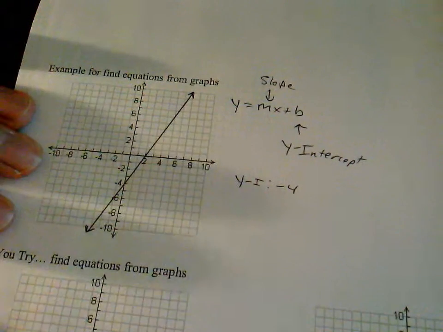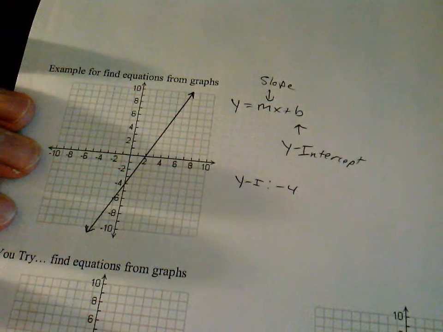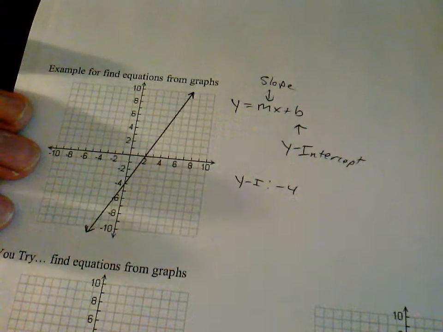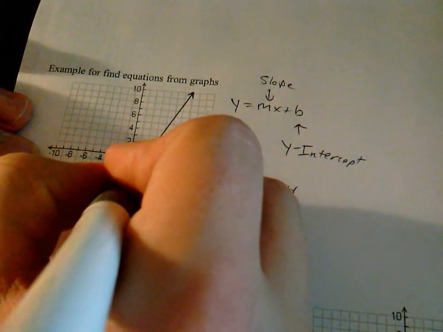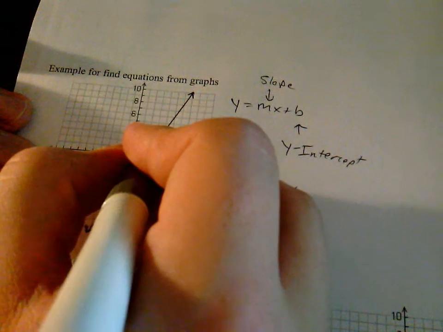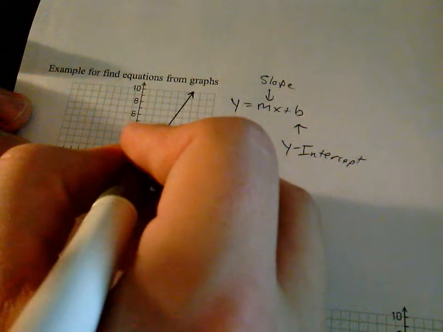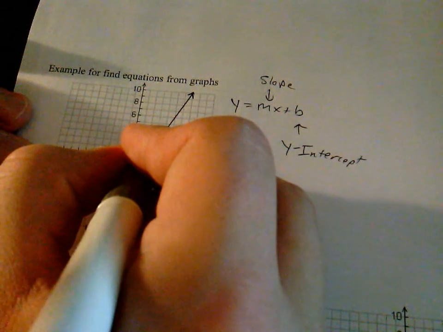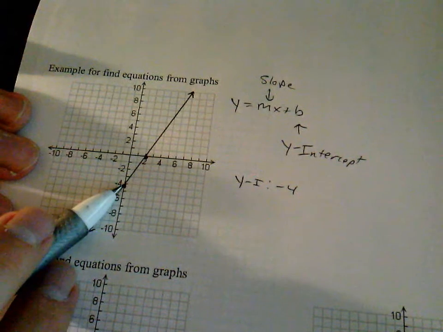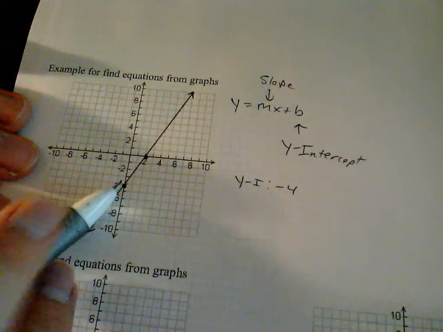To find the slope is a little bit harder because we have to find 2 points that actually line up. So here's one point. And I believe this is another point right here. So we're going to figure out how much we rise over how much we run. So we're going to count.